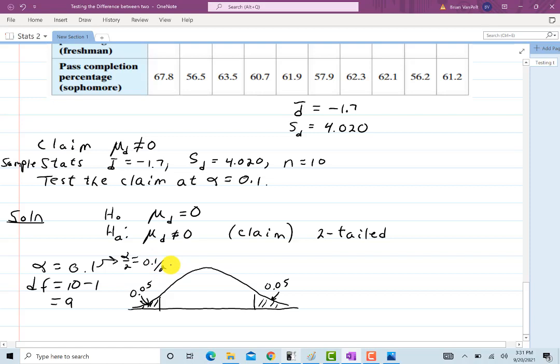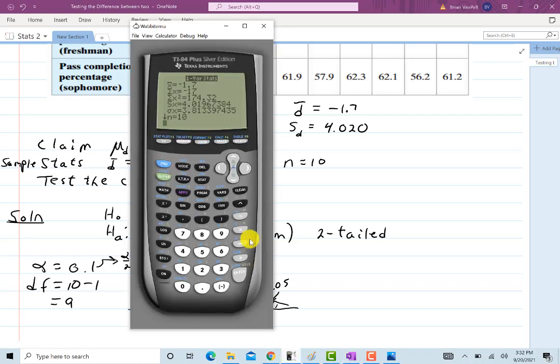Now your calculator is very interesting. What you can do here is simply specify that from negative infinity up to my point, we'll have an area of 0.05. Watch, we're doing the t-test, remember. So since we want a t-value, we want the test that is inverse t. That's number 4. I made a mistake there. Let me clear that all out.